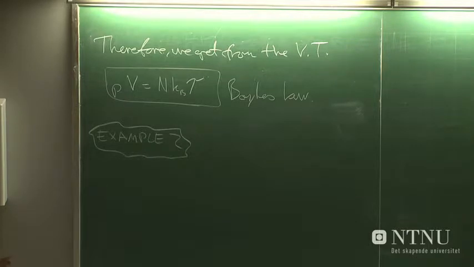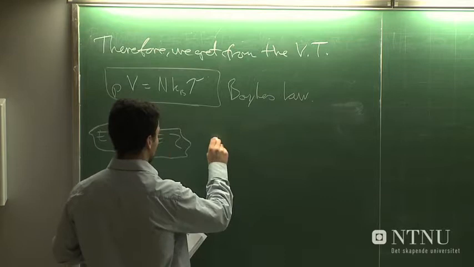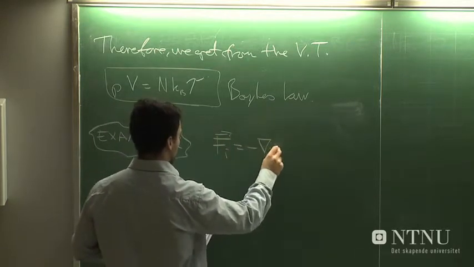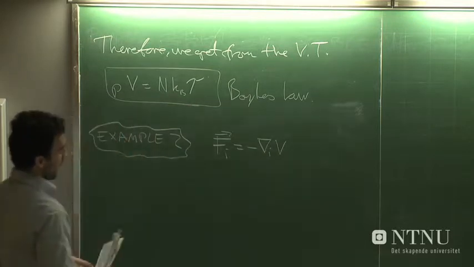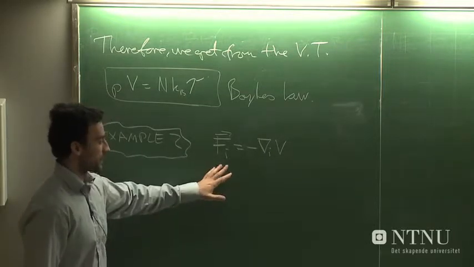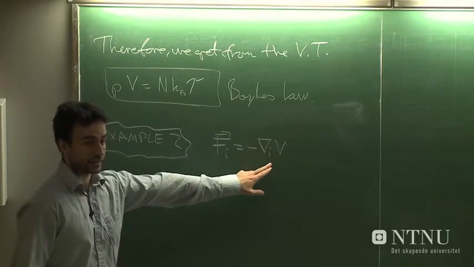We'll have a look at one more example. This is a quite general situation. We're simply considering a force, which is written as the gradient of some potential. So this is very general.